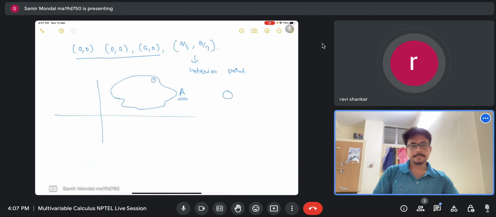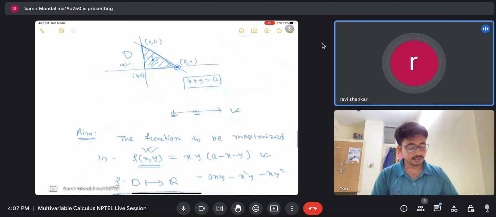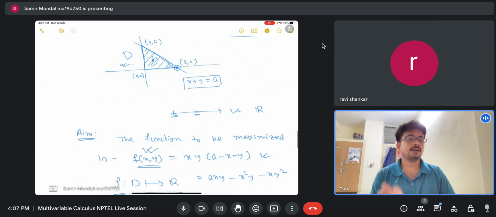Okay, Sir, a point lying on that straight line will also not be an interior point. On that line, no. For R, your open set is an open interval.